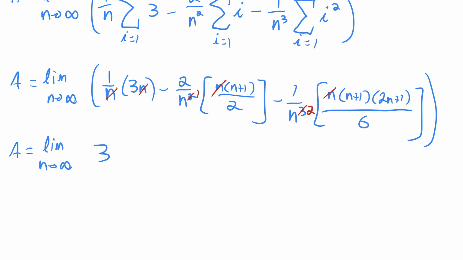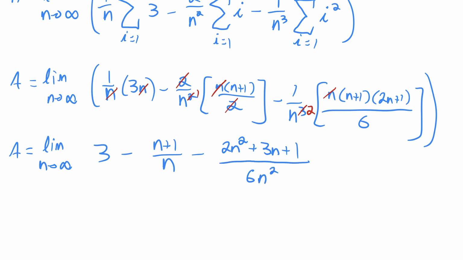And then my next term, I actually noticed those factors of 2 can cancel as well. So I'm actually just left with minus n plus 1 over n. And then my last term, minus, I've got n plus 1 times 2n plus 1, that's 2n squared, plus 3n plus 1, all over 6n squared.